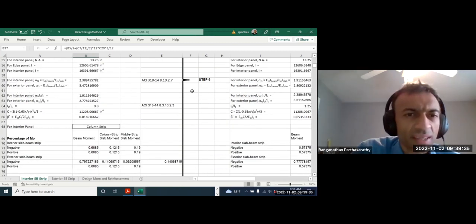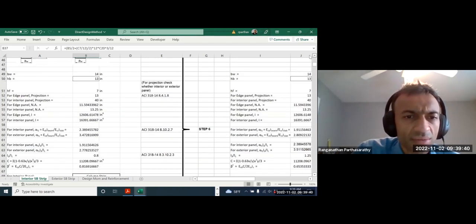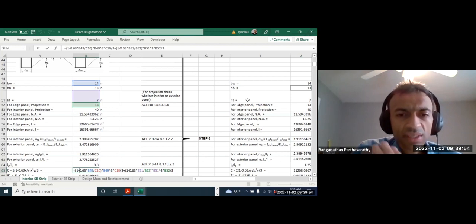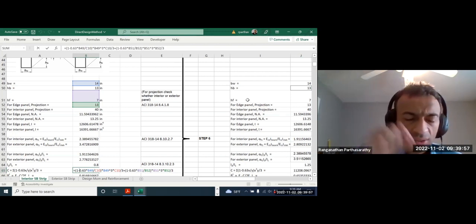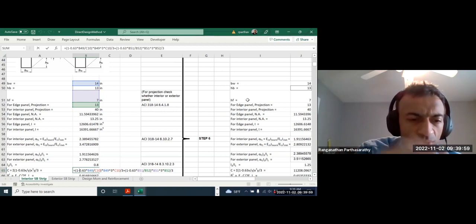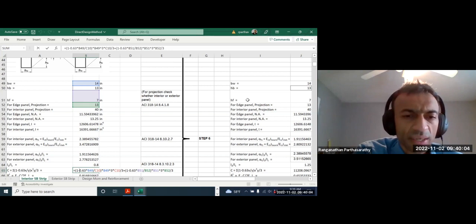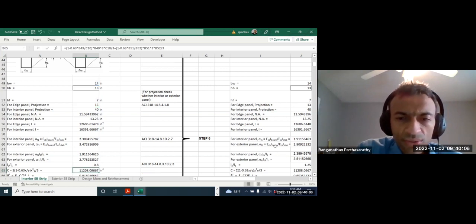Now, the main thing first is the calculation of alpha and alpha F1 L2 by L1. Those are calculated here. Next is the calculation of the torsional stiffness of this beam. That is also a factor, as we discussed before, that increases the bending stiffness in the perpendicular direction. That's also automatically calculated here.